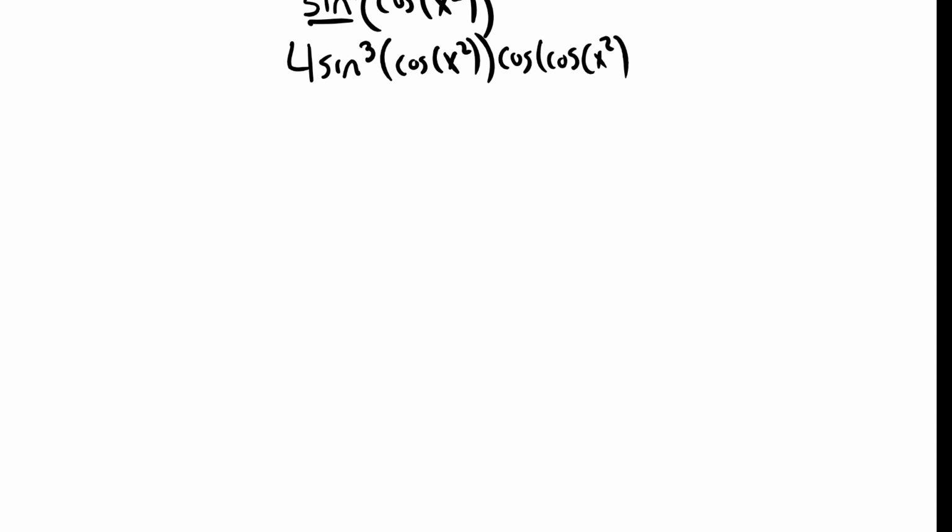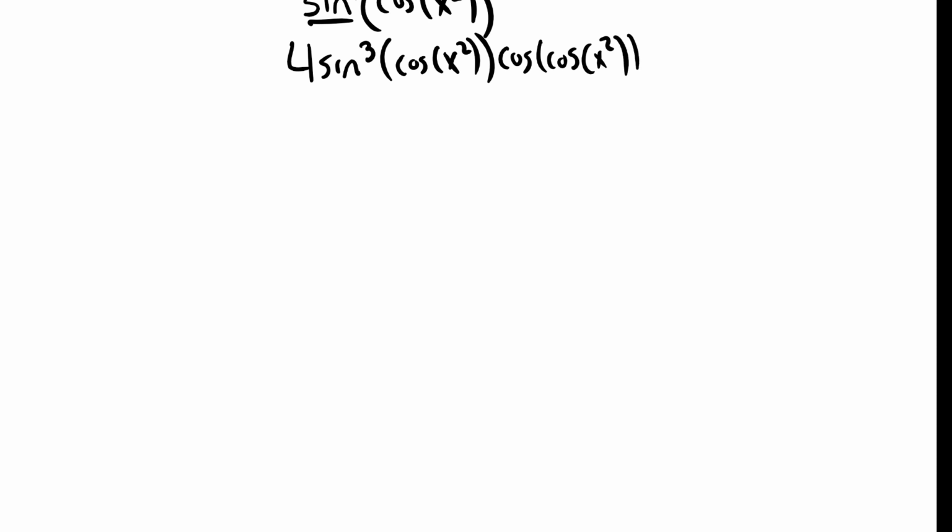Let's try it out. So first of all, I have something to the 4th power. So I get 4 times something to the 3rd power. And that's my first part. Now chain number 1, I have to take the derivative of sine. So that's cosine of x squared.